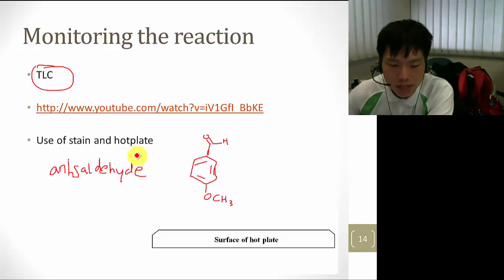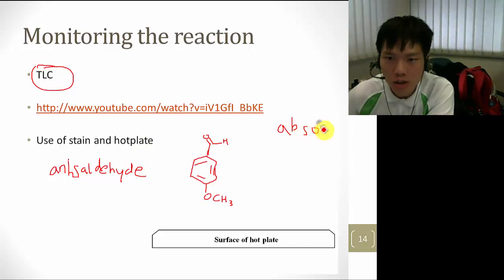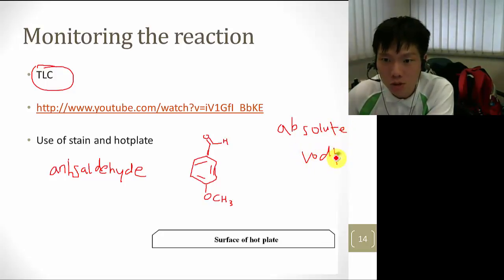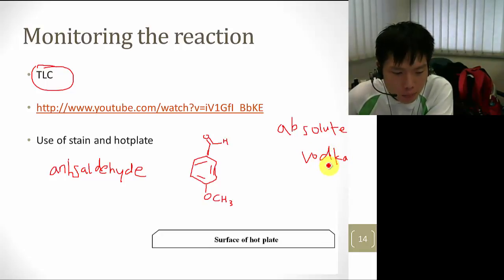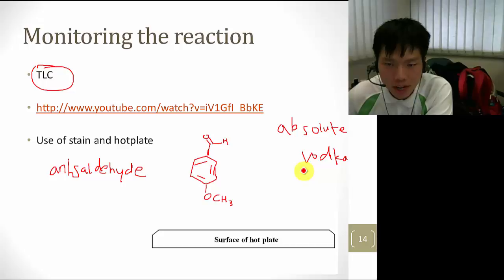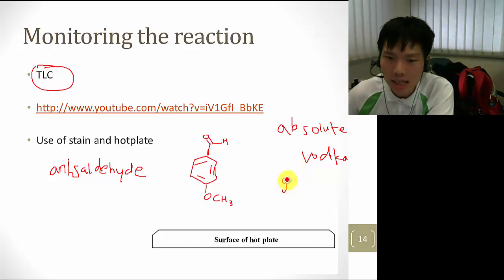They had to use absolute ethanol. Read the lab manual, it says absolute ethanol. What's that? Yes, that's right, your absolute vodka, the one that some of you may consume during parties, New Year celebrations. They also had to add concentrated sulfuric acid, battery acid, as I told you before, and glacial acetic acid.